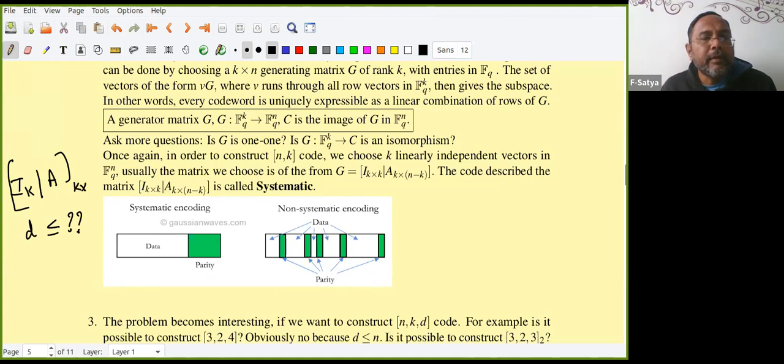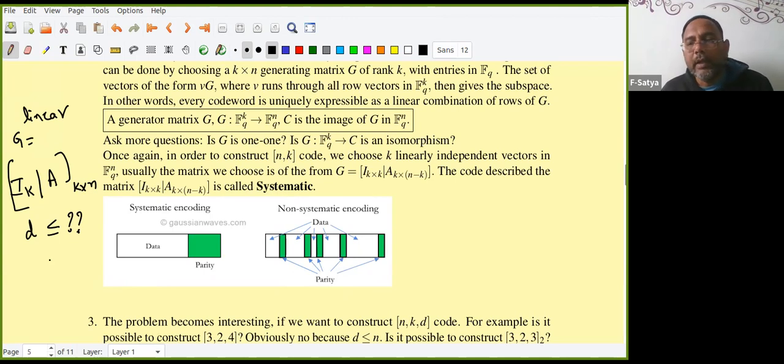This is k cross n. Linear code, since it is a generator matrix. It is in systematic form. I am telling the advantage of systematic form. Any one of you?